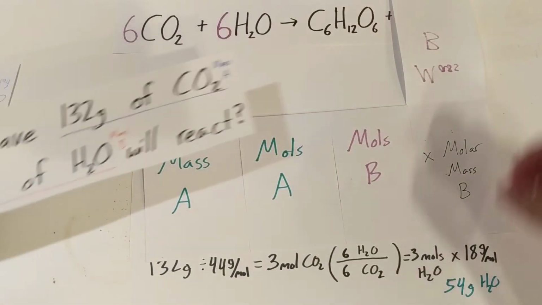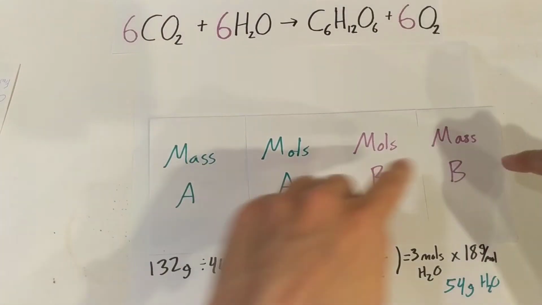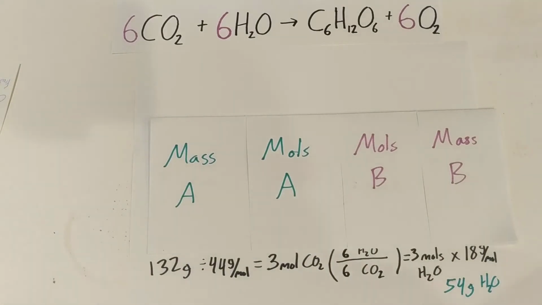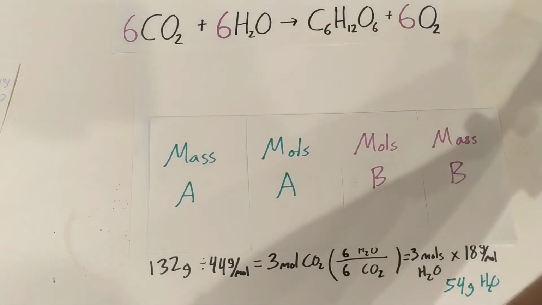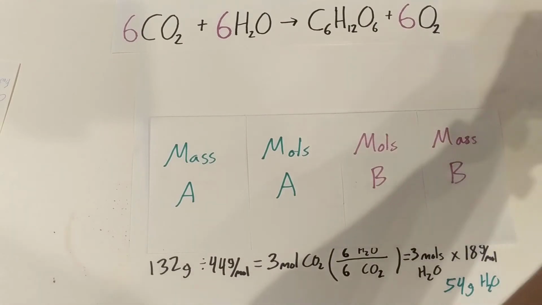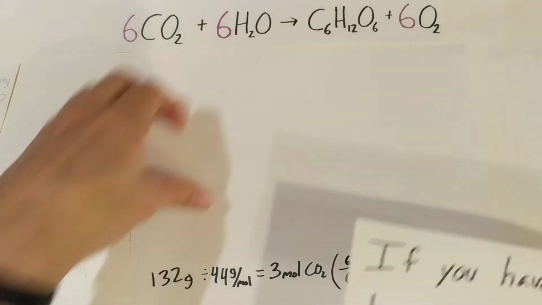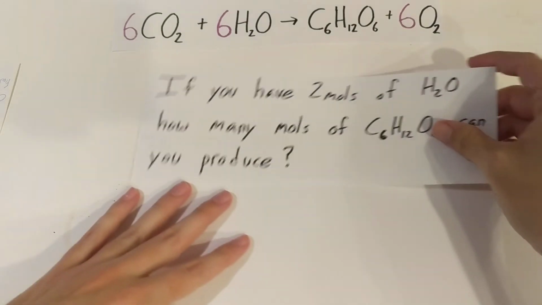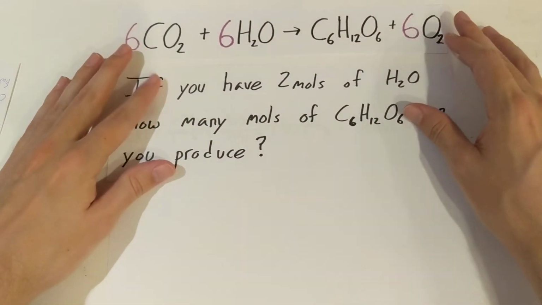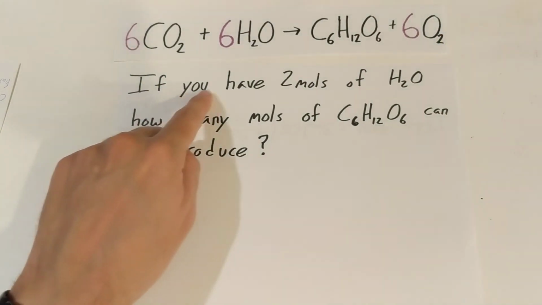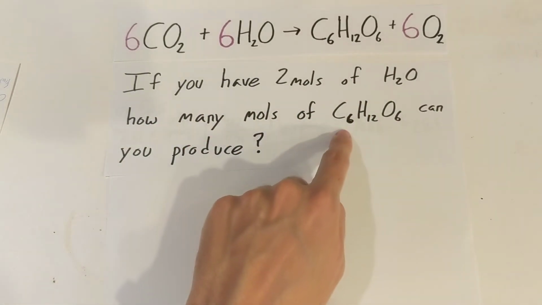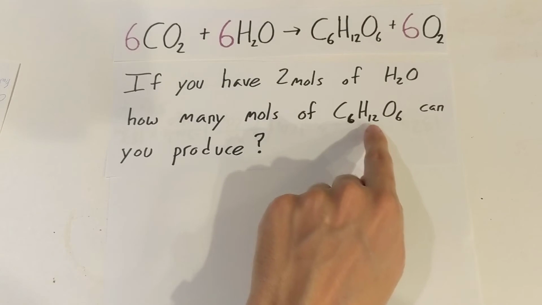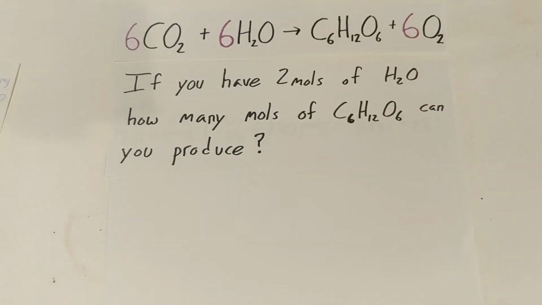But we don't always have to go from mass to mass. Sometimes it's a lot shorter of a question. So in this next question, it asks, if you have 2 moles of water, how many moles of C6H12O6 can you produce?